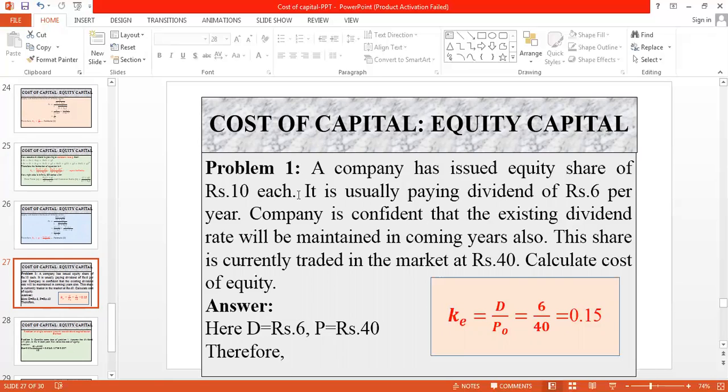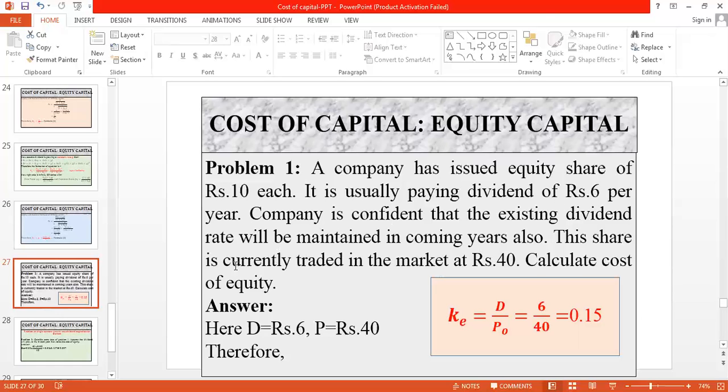Since nothing has been mentioned, this usual dividend rate of rupees 6, we will assume that this particular dividend rate will be maintained in future years also. So, in place of constant dividend D, we can write rupees 6. Now, the next line of the problem is the company is confident that the existing dividend rate will be maintained in the coming years also. So now it is confirmed that D will be rupees 6.